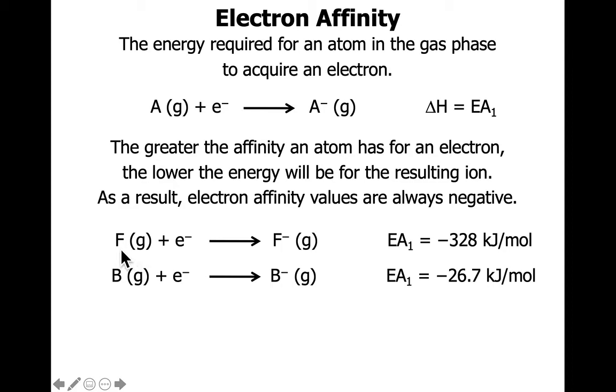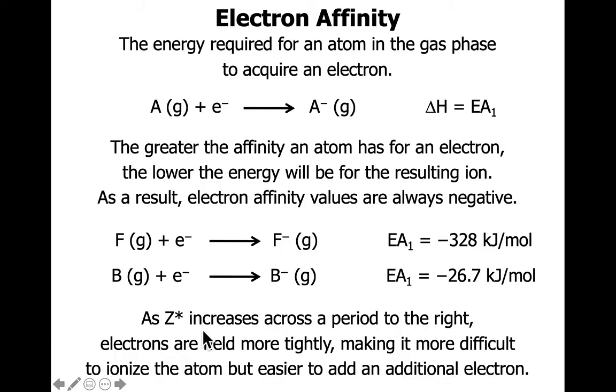So fluorine, which ends up having a very high electron affinity, takes an electron and releases 328 kilojoules per mole of energy. A mole of boron also will take an electron, but only releases 26.7 kilojoules per mole of energy.